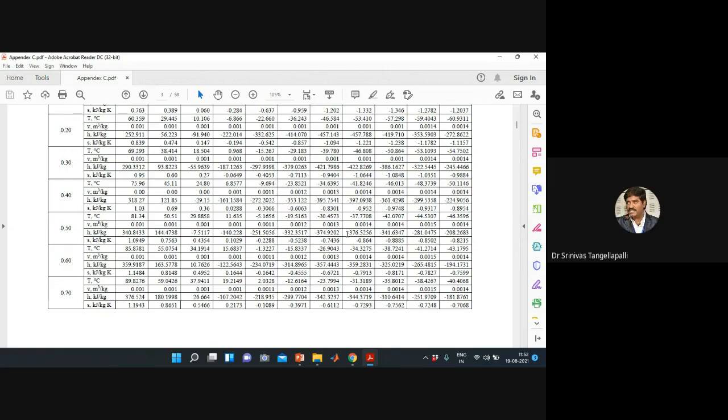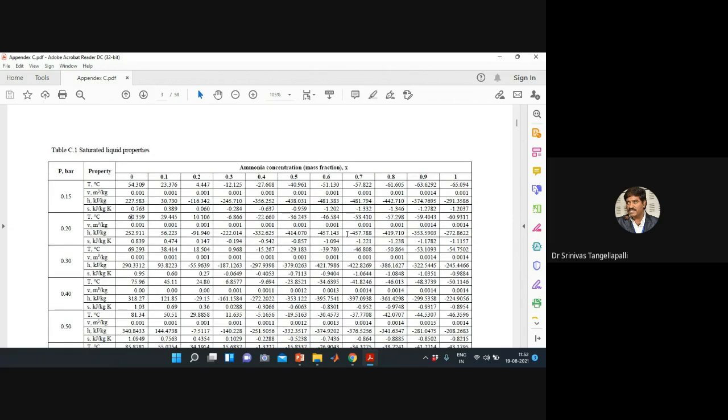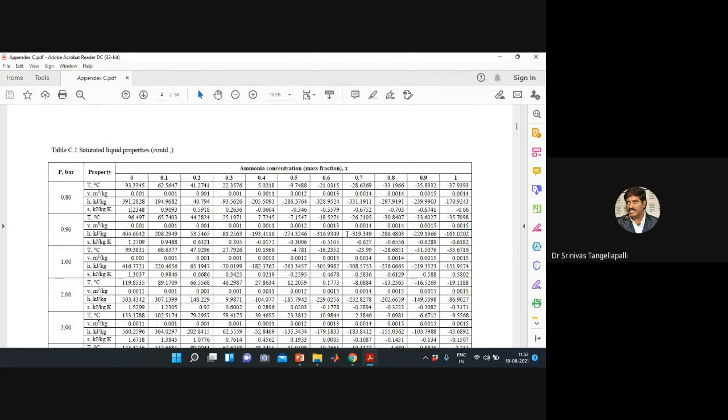Okay, I will open the atmospheric pressure, which you may be familiar with. You will get some idea. Atmospheric pressure I can't pick here, but 1 bar is there, which is close to atmospheric pressure. You can see 99.38 degrees centigrade, which is close to 100 degrees centigrade. Now see, what is the meaning of this 99.38 at 1 bar?